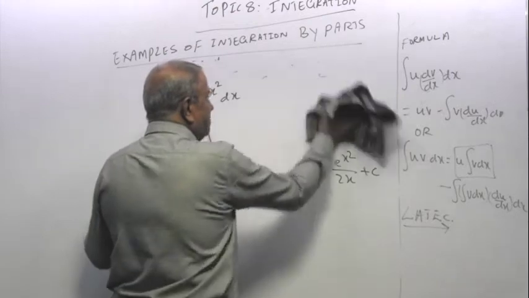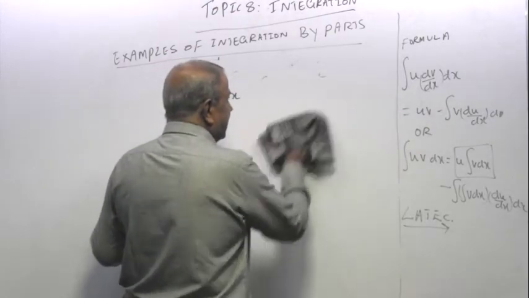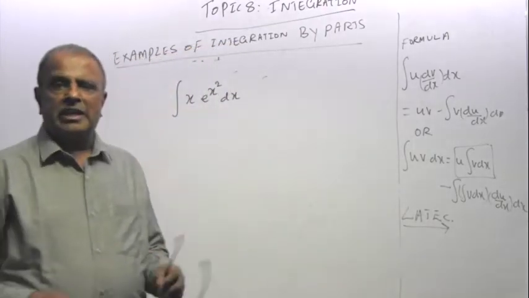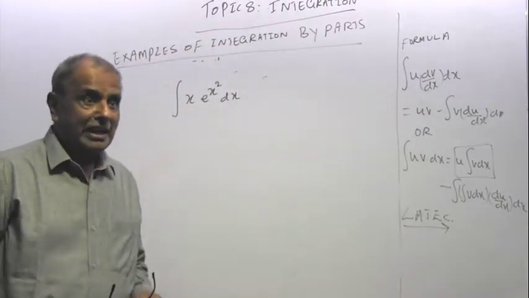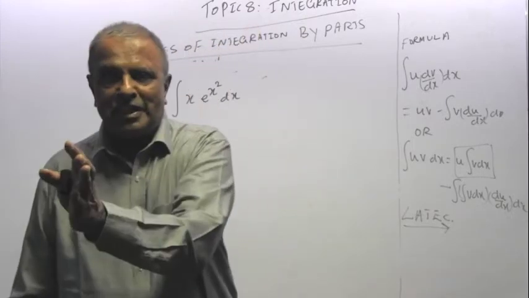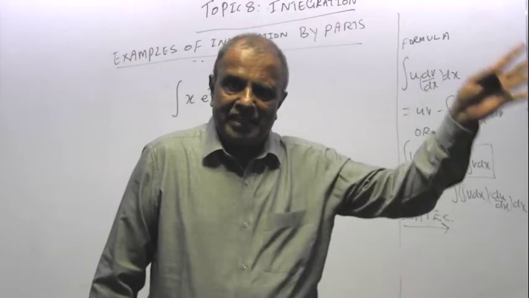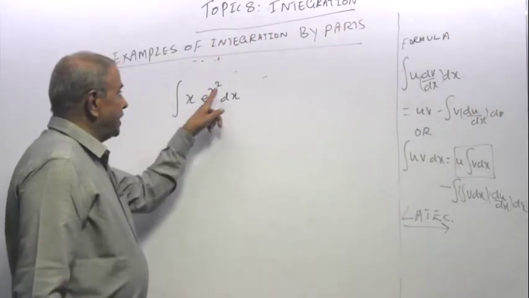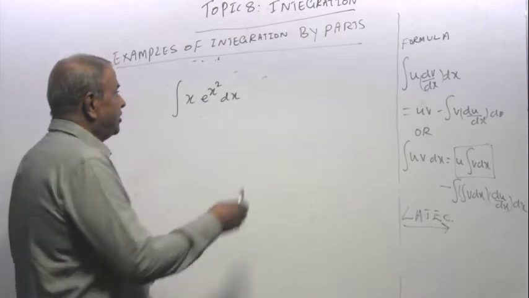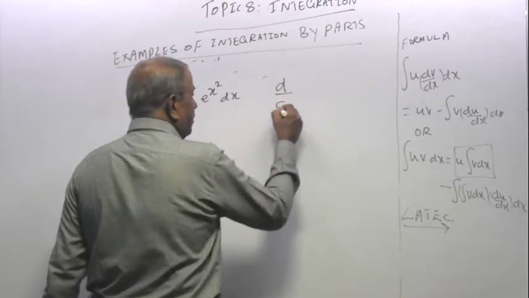So what's the first step? Can you integrate directly? You can't. Can you use substitution? How do you know when you can use substitution? You recognize a function and its derivative. When I differentiate x squared, I get 2x and I have an x. So remember, I'm going to use inspection.